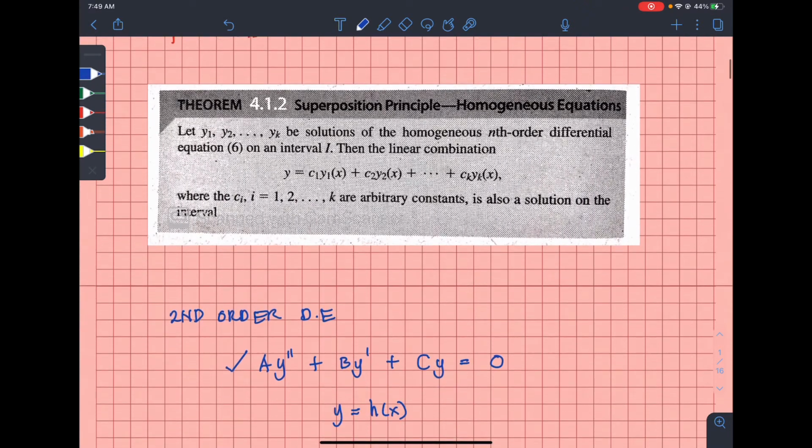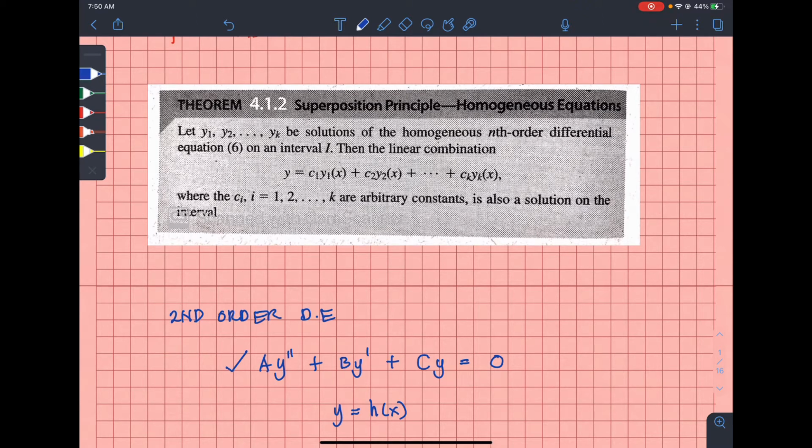Okay, so let's proceed with the first principle that we need to consider in finding the solution of a higher order differential equation, and that is what we are referring to as the superposition principle. Let y1, y2, and y sub k be solutions of the differential equation, depending on the order of the differential equation.